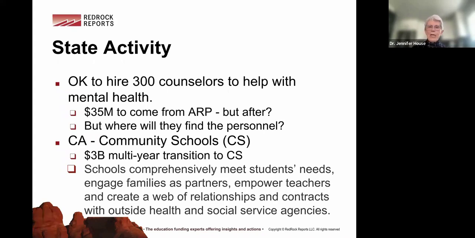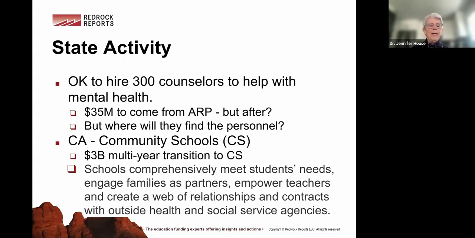That means really looking at the parents, at the schools, at the communities, working as a village to support the students, comprehensively meeting student needs, engaging the families as partners, empowering teachers, a web of relationships, and contracting with outside health and social service agencies.